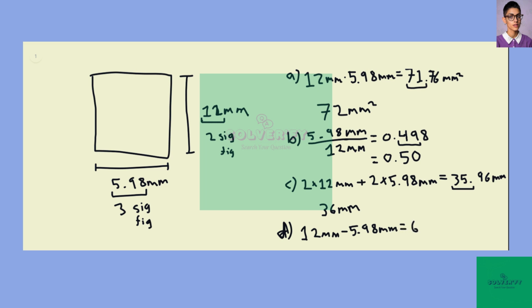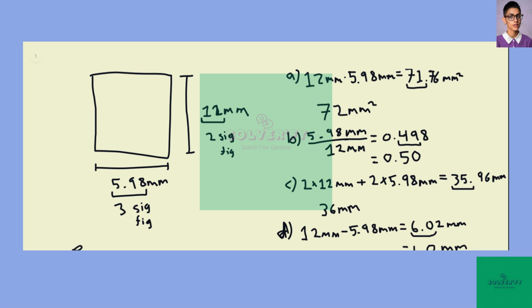So this quantity gives us 6.02 millimeters. And again, in this case, you keep the lower significant figure, which is these two values. 2 is less than 5, so you round down. You just truncate to 6.0 millimeters.